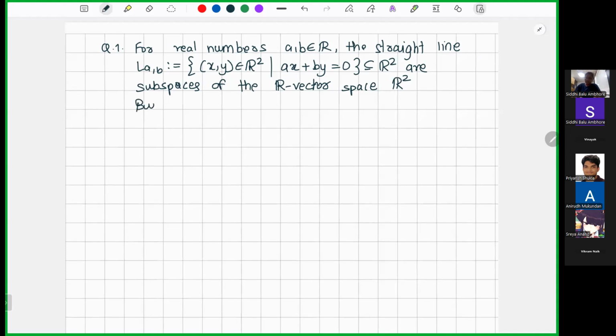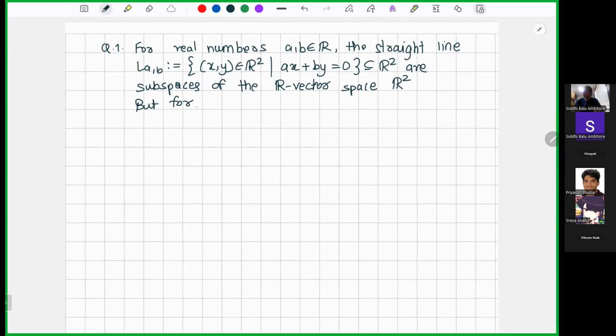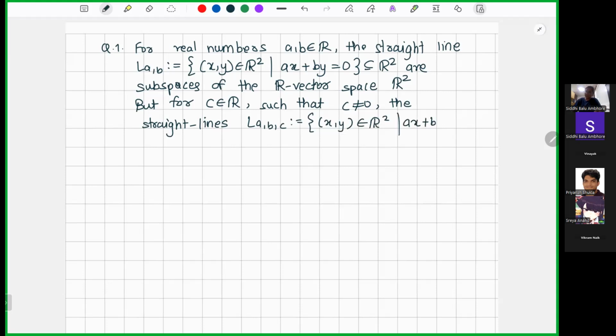But for C belonging to R such that C is non-zero, the straight lines L_ABC, the set of (x, y) in R2 such that ax plus by is equal to C, this is a subset of R2, are not subspaces of the R vector space R2.